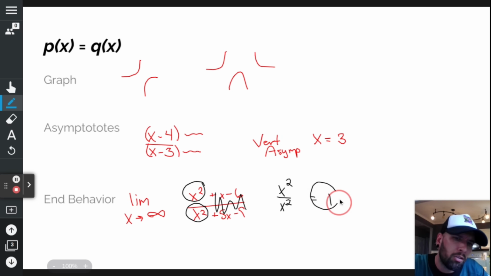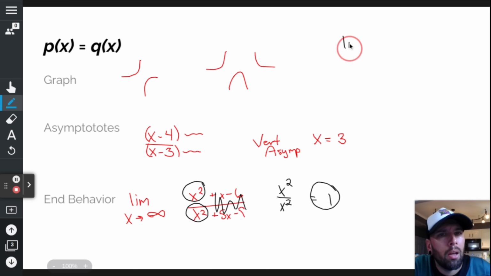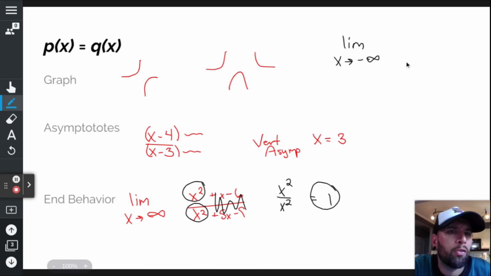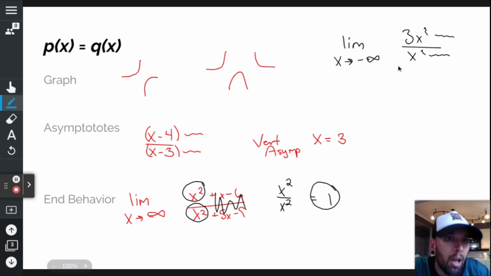And if you're thinking that's just a bit too easy, give me another. Fine. Limit as x approaches negative infinity, so let's flip it around, of (3x² + ...)/(x² + ...). We don't care about the rest. So what happens is this simplifies, and the limit as x approaches anything of 3 is going to be 3.